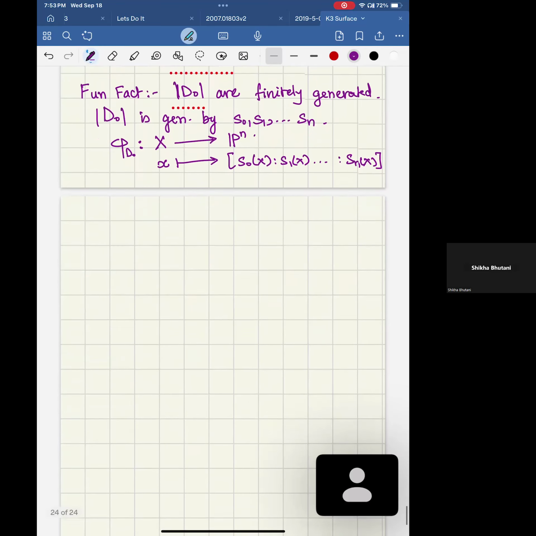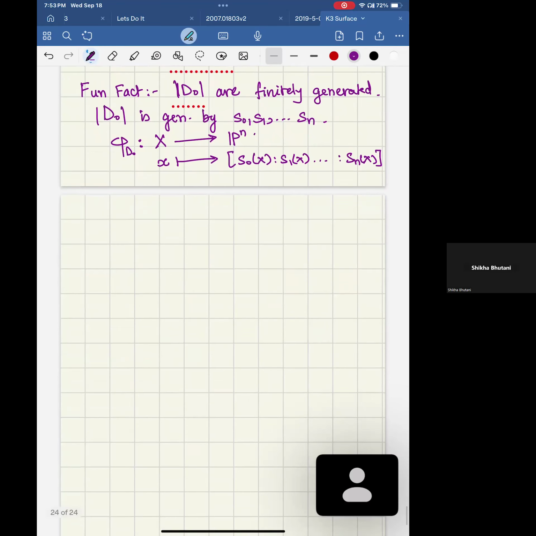Now, based on how D naught behaves, your morphism corresponding to the linear system of D naught behaves accordingly. That means based on how D naught is, phi of D naught behaves accordingly.